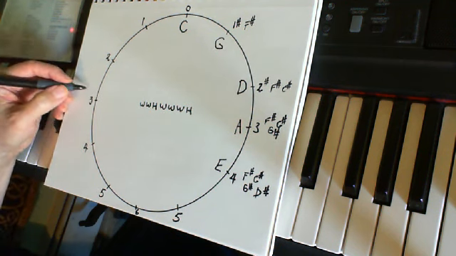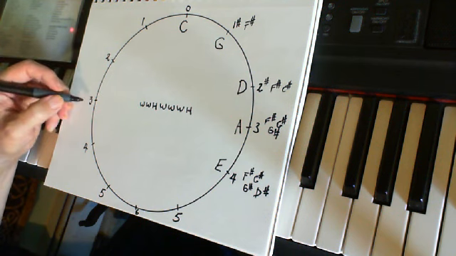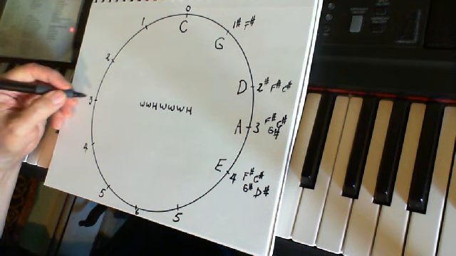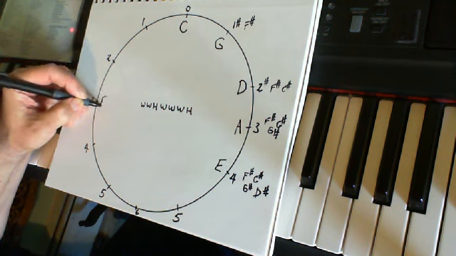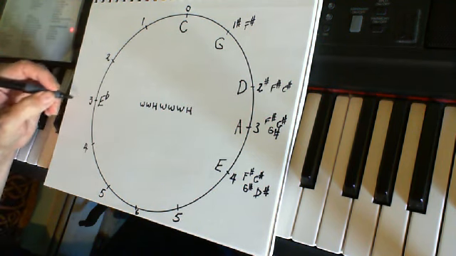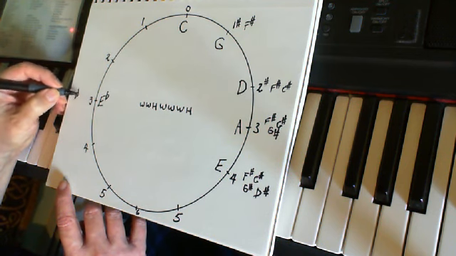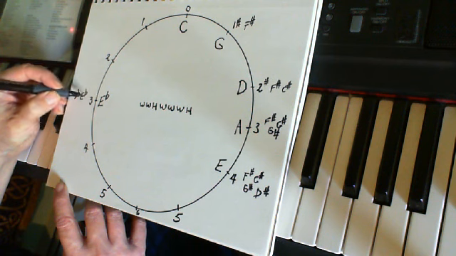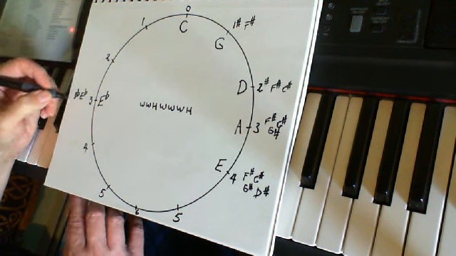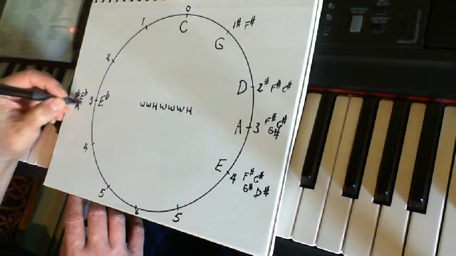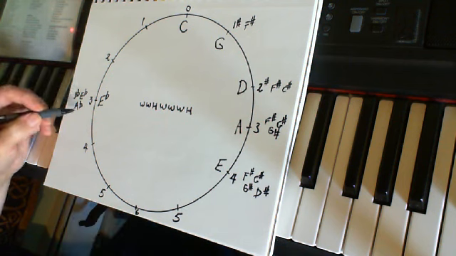3 flats, which is the key of E flat. Okay, and we have the key of B flat, the B flat, the E flat, and the A flat. Okay, 3 flats.